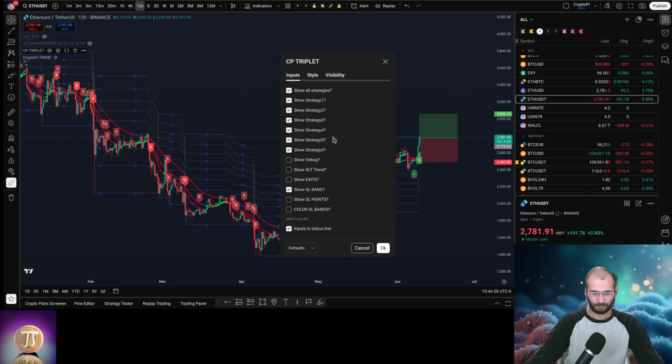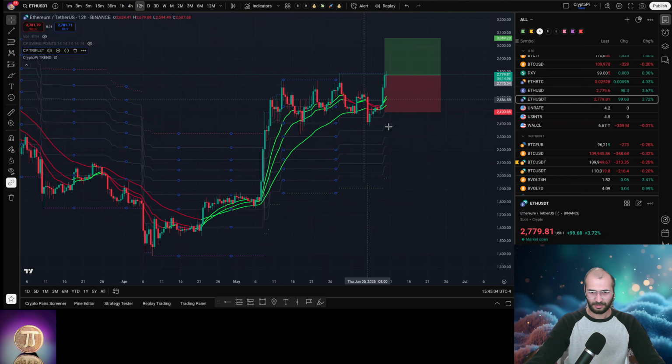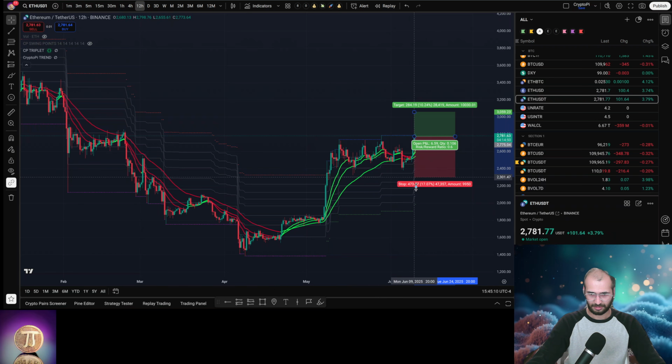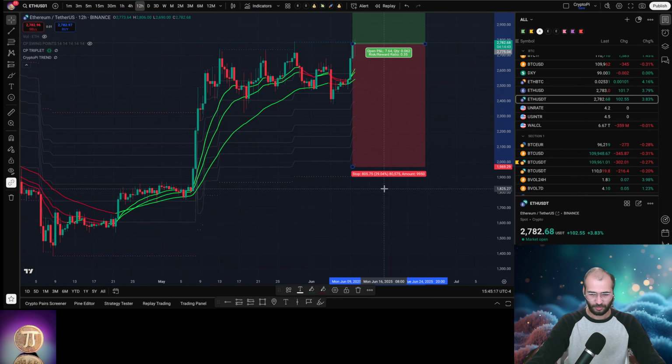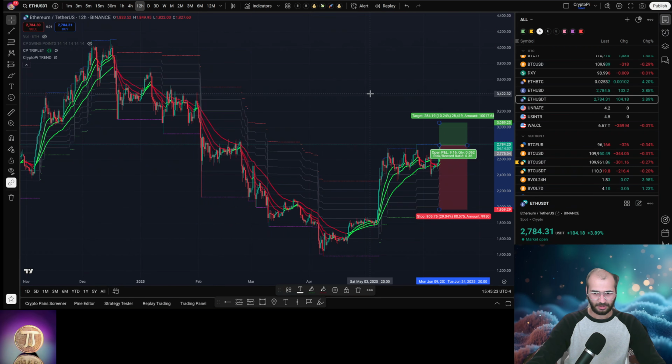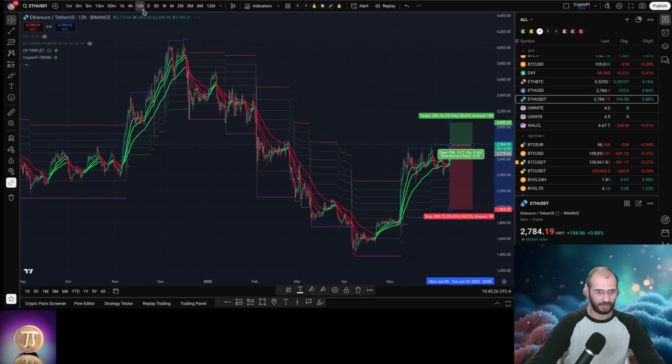If I activate the stop loss band, let me hide all the strategies for a moment. For the stop loss band, the level is over here. So if I will drag this long position icon or the stop loss level over here, what I get is my stop loss is at 29%, which is fairly far away, but it is alright because we are on a 12-hour time frame, and that's a huge time frame.